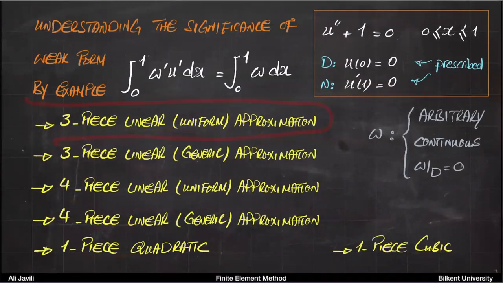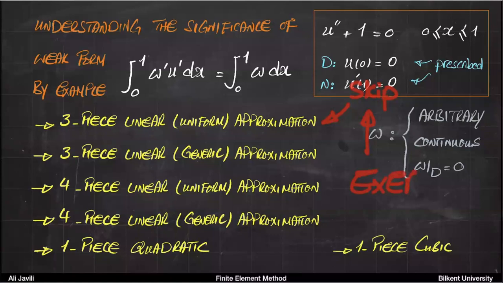Now we want to do three piece linear uniform approximation, and then we want to do three piece generic. So three piece linear, I am going to skip this. I keep this as an exercise for you.